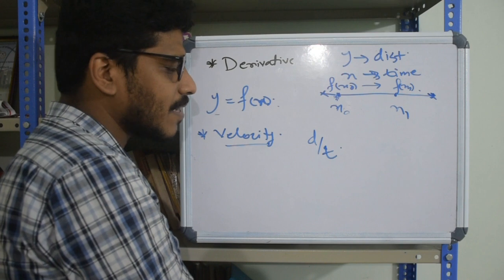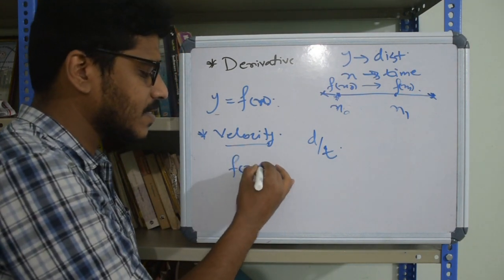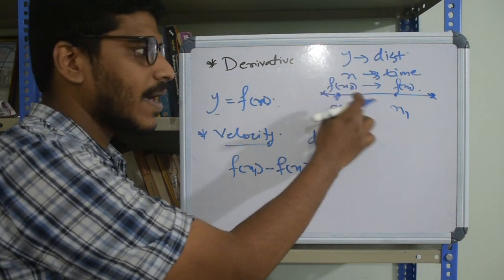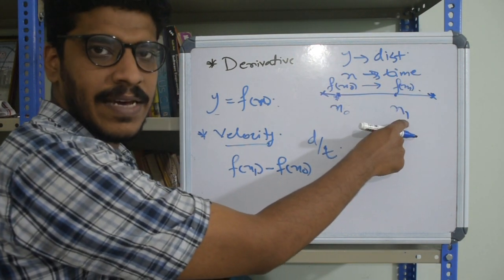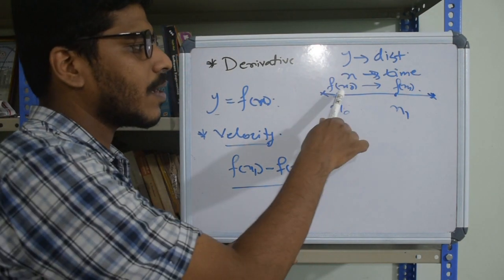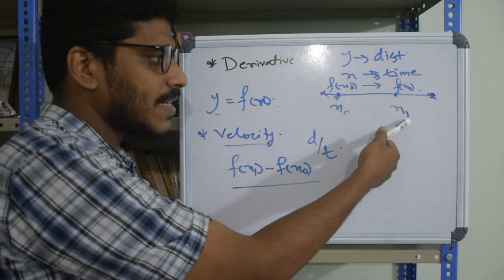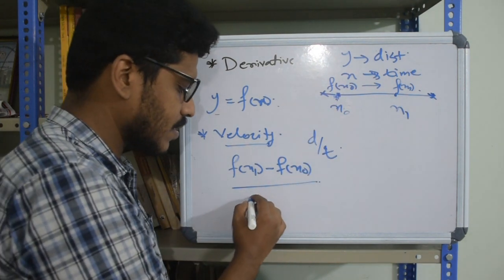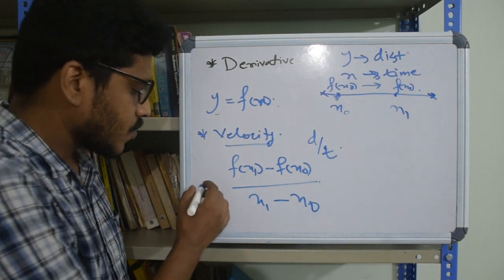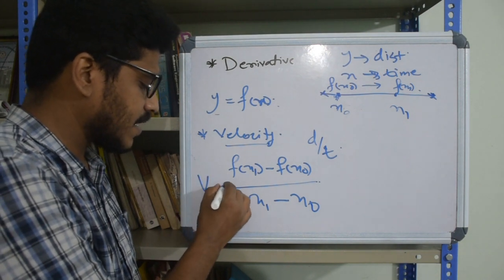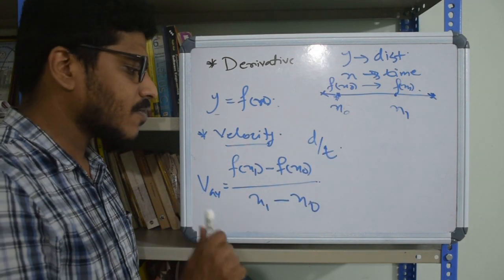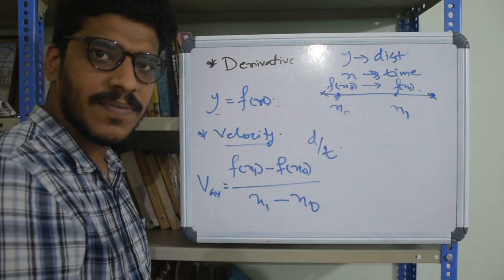So what is the actual distance covered here? f of x1 minus f of x naught. Right. It was at f of x naught actually, and moved to f of x1 when the time was x1. Divided by how much time elapsed to conduct this motion. The final time is x1 and the initial time is x0, so the time elapsed is x1 minus x0. Right. So this actually gives the average velocity between x0 and x1. The average velocity between the times x0 and x1.